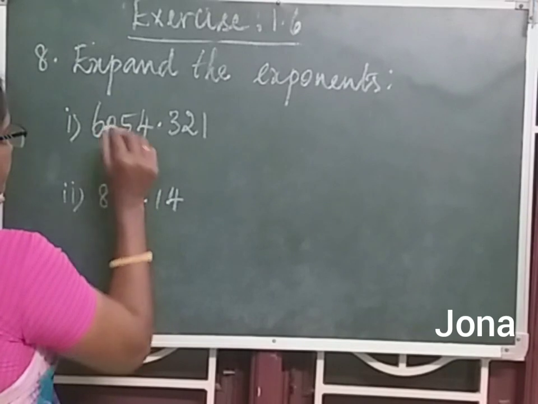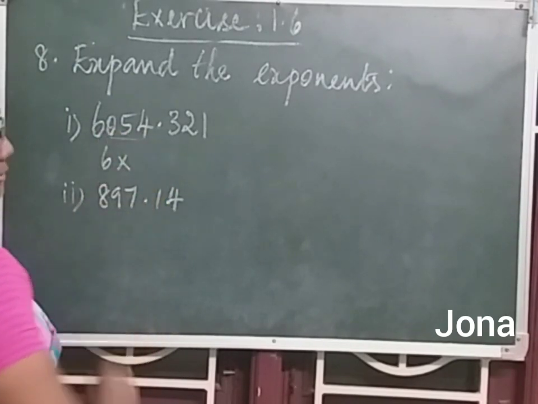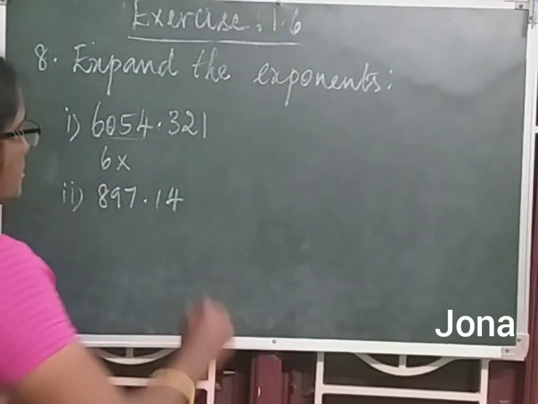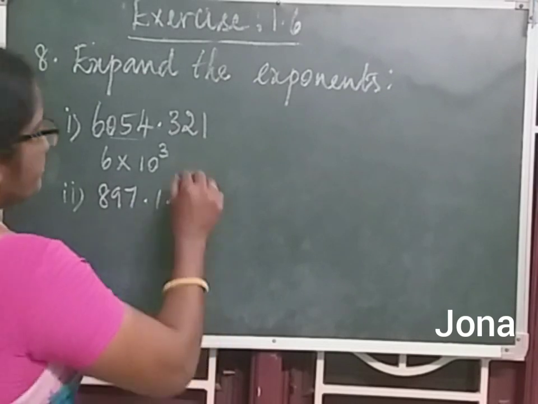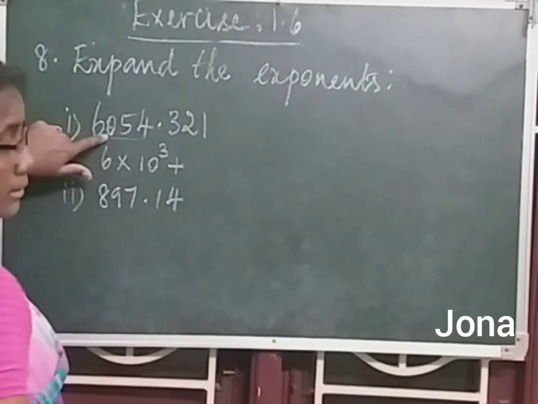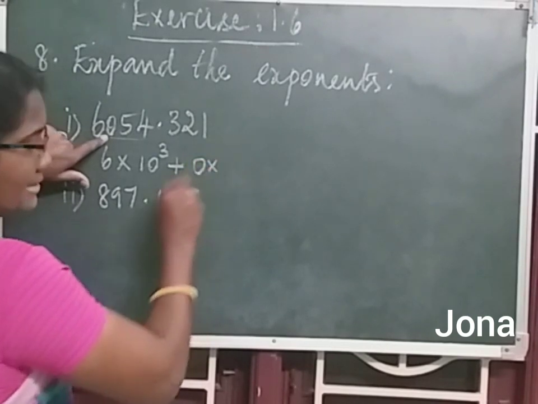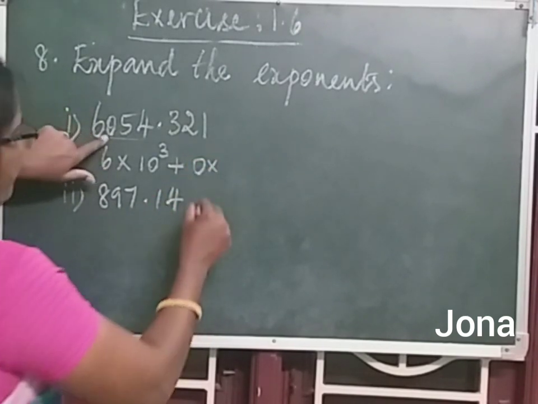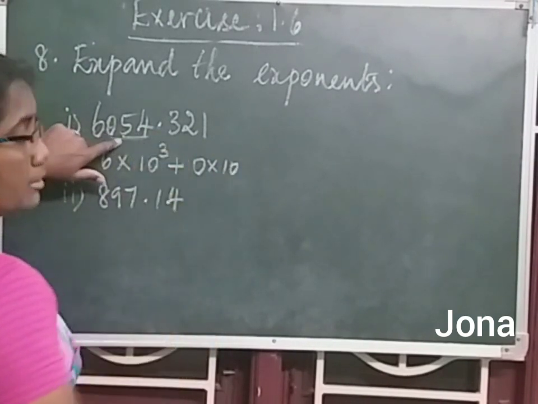See that here, 6 into how many digits are there? After 6 we have 3 digits. So we should write 6 into 10 power 3 plus, here 0 is there. No need to write 0, but since this is the first problem, I want to write it here. So 0 into 10 power, after 0 how many digits we have? 2.